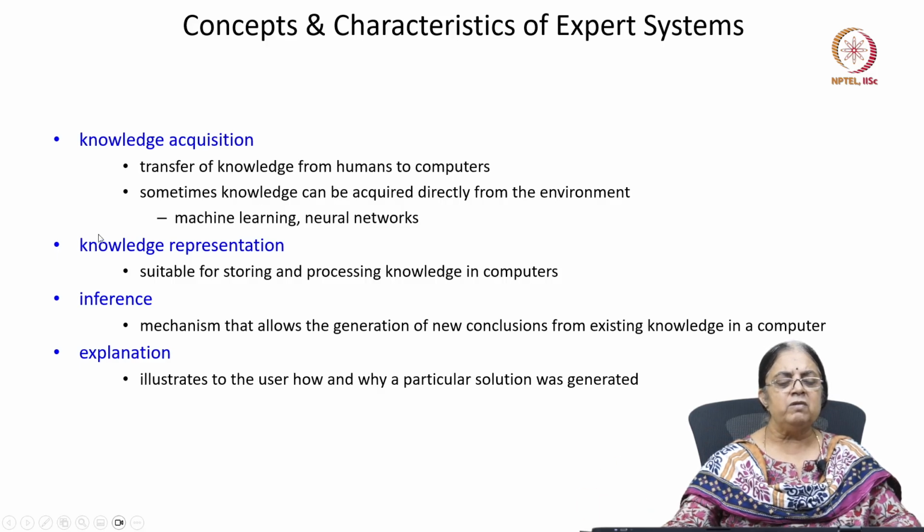Then you need to have a method of representation of this knowledge. Okay, we know how vast knowledge is, right? So how do we represent it in the system? That is a suitable way of storing this information, of representing and storing this information in the computer.